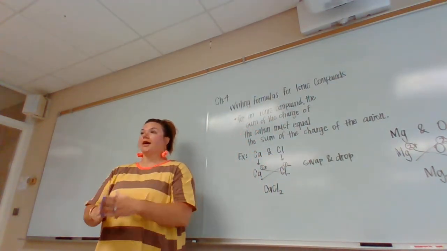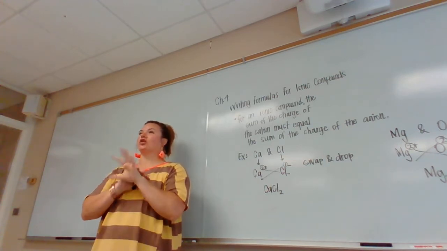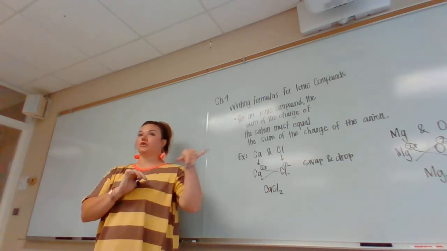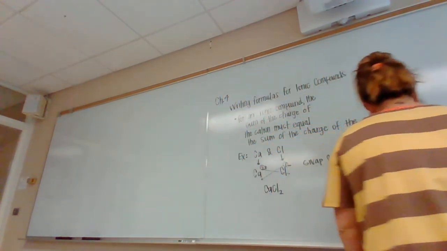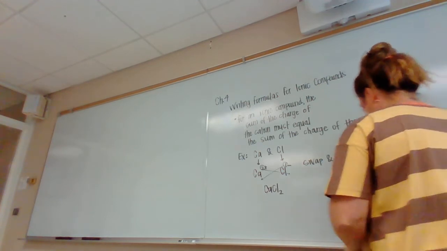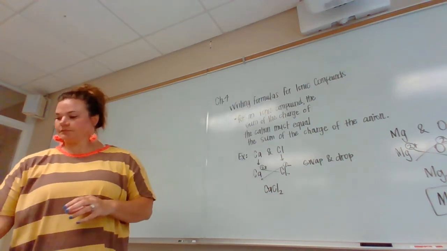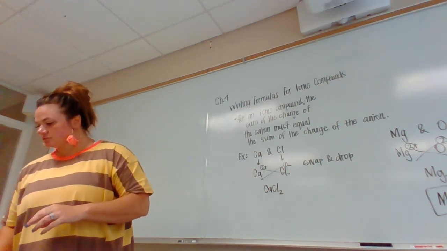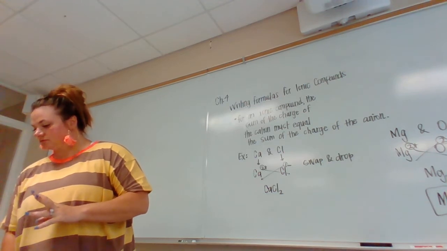For ionic compounds, we always want the smallest whole number ratio. So could we simplify that? Yes, we could. We simplify it to MgO, because they cancel each other.